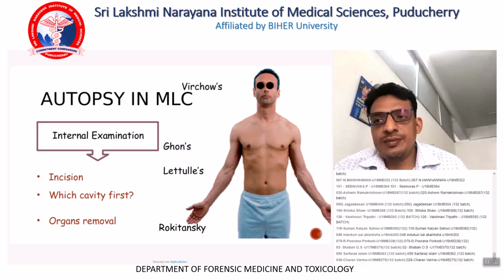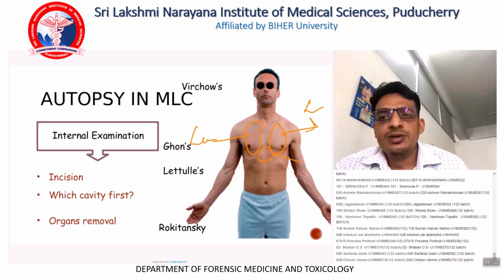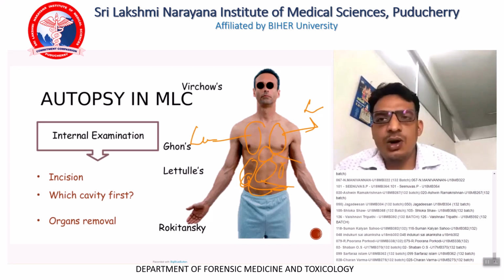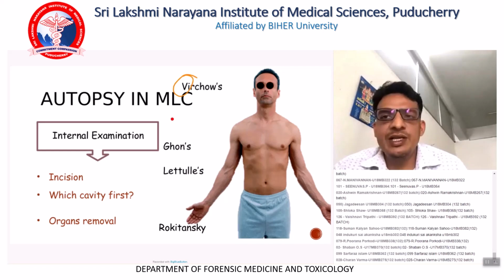Third technique, each organ is taken out differently. One lung is taken out separately, the other lung separately, the heart separately, then the stomach separately, the duodenum and intestine separately, the liver separate, the spleen separate. All these things if you take out separately one by one, then V is for one, one by one.